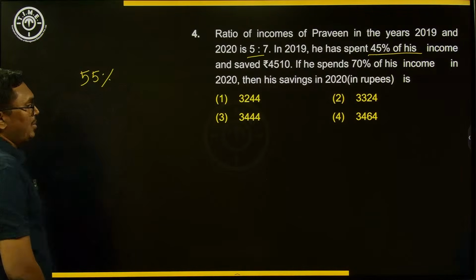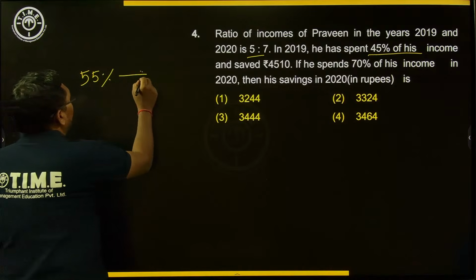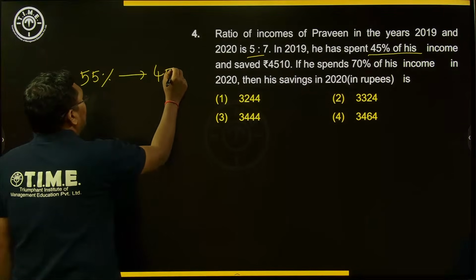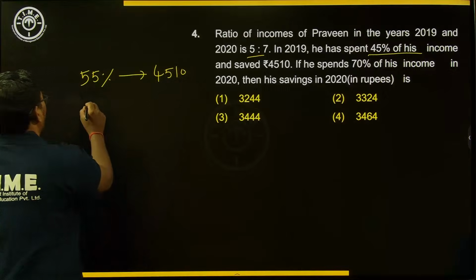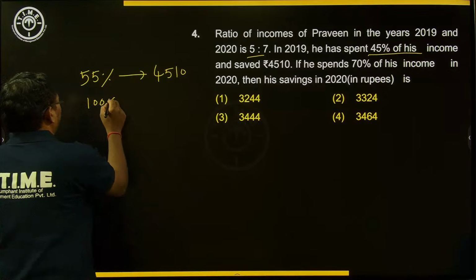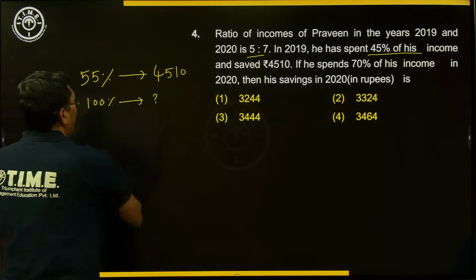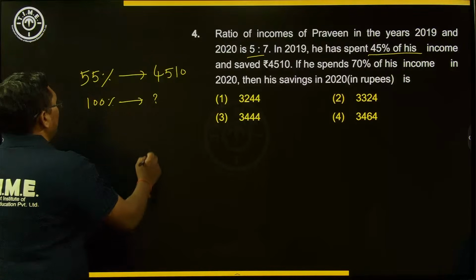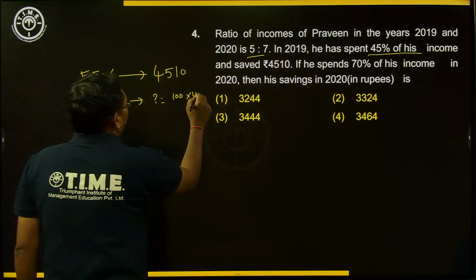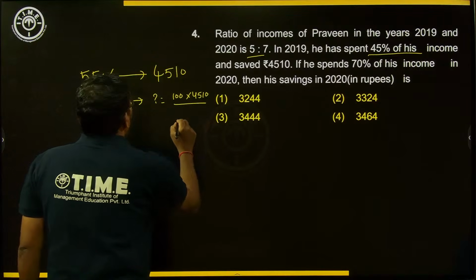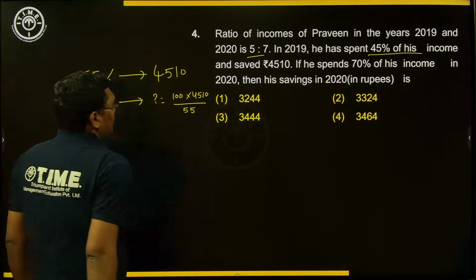So 55% is given as 4510, right? So what is 100%? So 100% is how much, right? So cross multiplication, 100 into 4510 by 55, right?